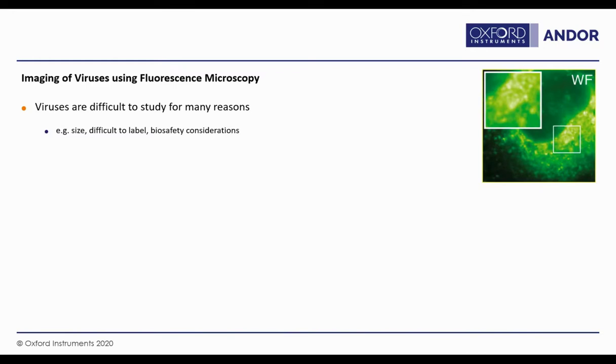Size can also make effective labeling of components of the virus capsid quite difficult. And lastly, we have the context of biosafety, of how we handle whatever virus or model we're working with.